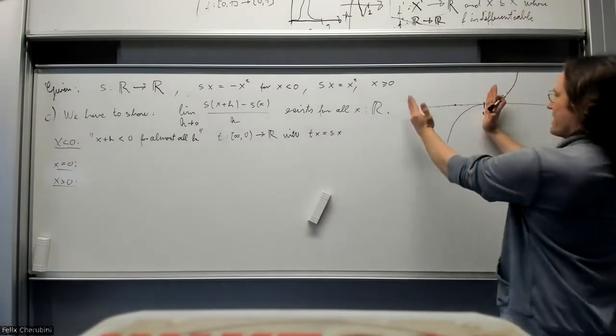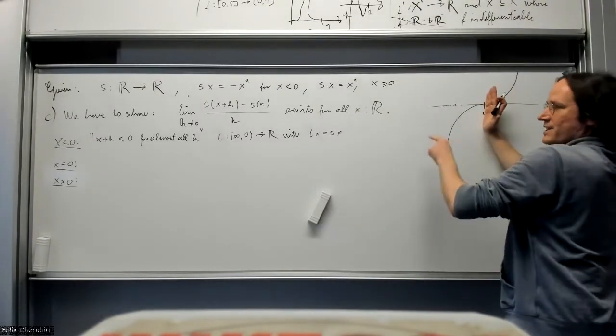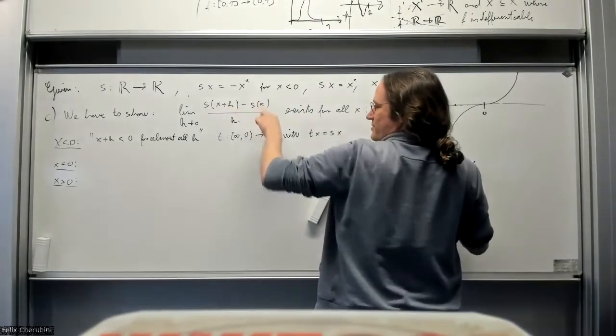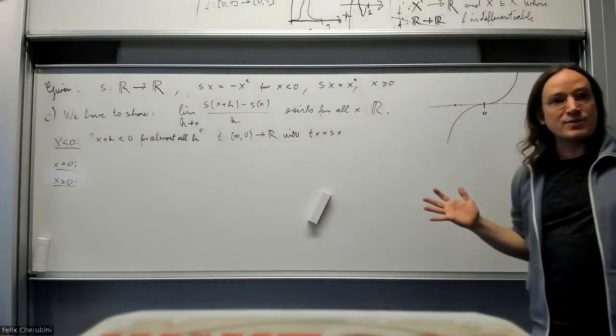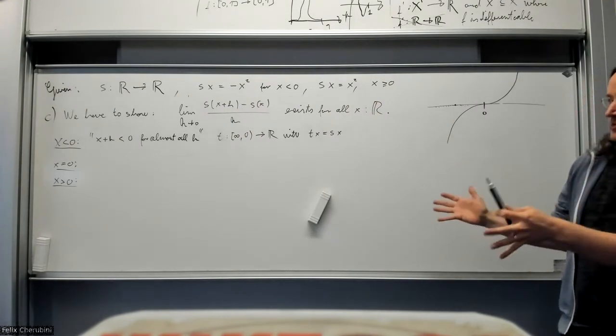So we just look at one branch. And then we can plug in values. So that would be one way to do it. And that way would work.